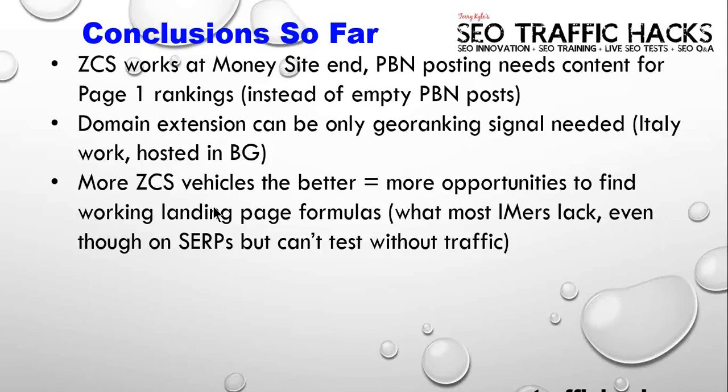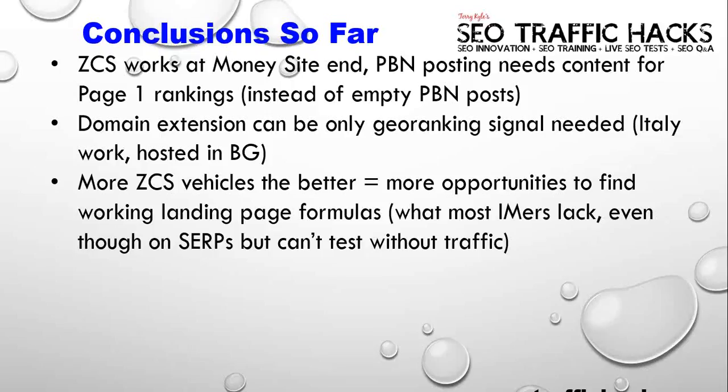Obviously, the more zero content SEO vehicles that you have, the better, because it gives you more chances to find those working landing page formulas. And this is what, in my experience, most internet marketers lack. They don't have these working landing page formulas. They're still fumbling around in the dark, looking for them, even though, ironically, probably quite a few really good ones are already on the search, and they just need to be looked at, studied, analysed and researched.